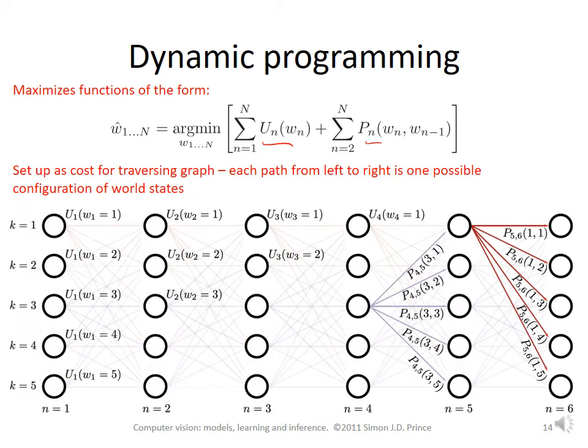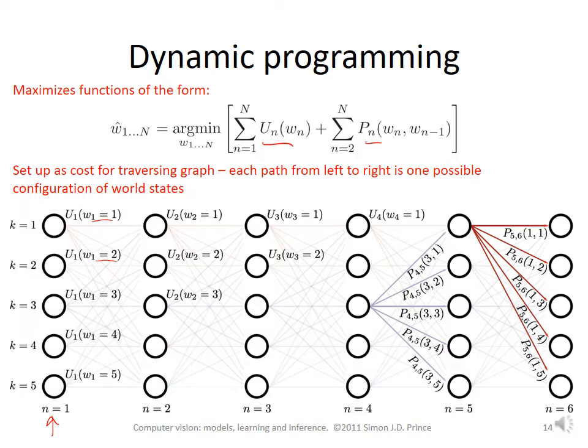Here we're seeing for every column of bullets, these are bullets now, not nodes in a graphical model. For every column of bullets, that represents a site. So in this first column, we're seeing W1, and it can take a set of discrete different values. W1 might equal 1, or it could equal 2, 3, 4, or 5.